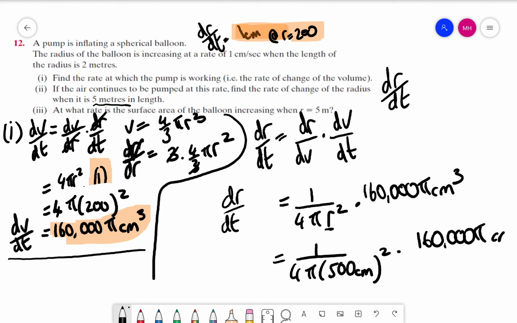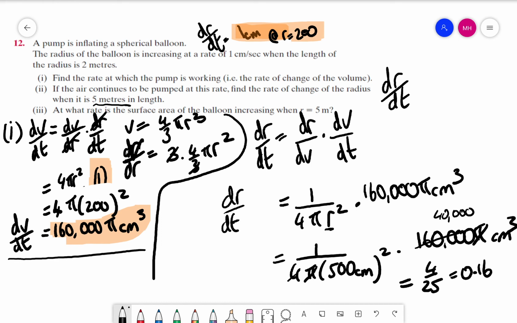The pi's are cancelling for us straight off the bat. 4 into 160,000 is going to give us 40,000. And 500 squared is 250,000. So 40,000 over 250,000 is the same as 4 over 25, which is the same as 0.16.